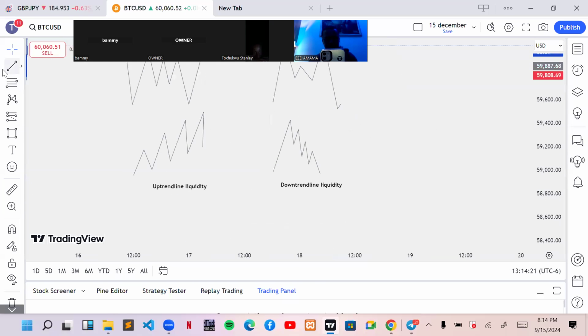And then there's liquidity that's formed when there's a presence of a long wick in the market, something like this.